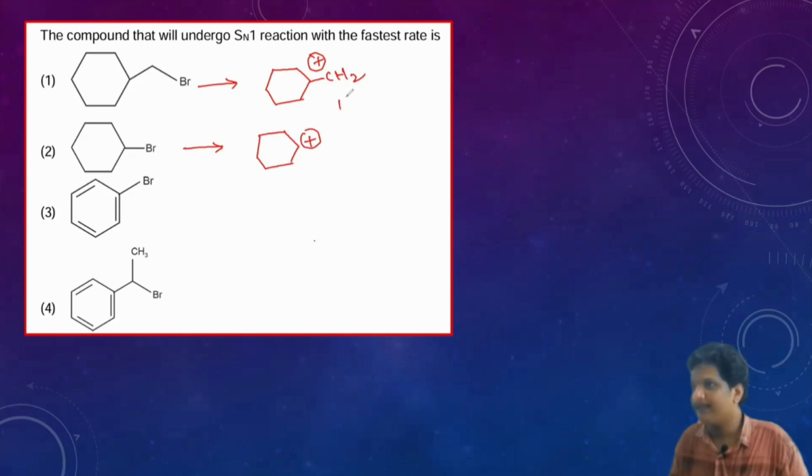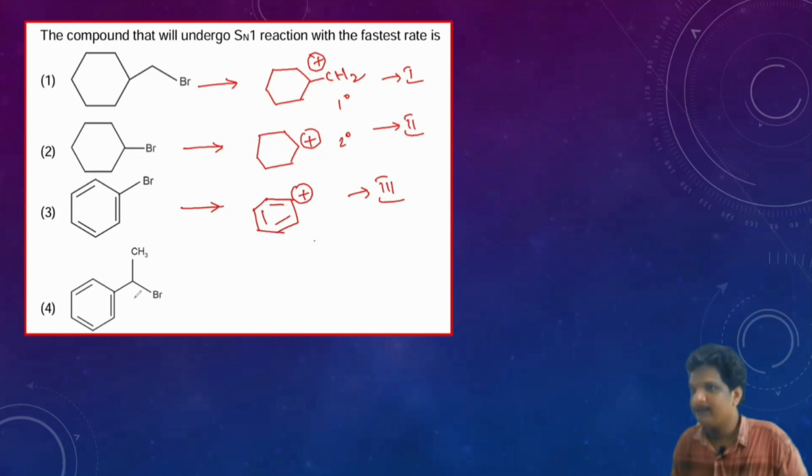Here it is primary, here it is secondary; I will take this as 1 and this as 2. In this one you will get a phenylenium cation, which I will take as 3. And if you take this one, you will get a carbocation like this.